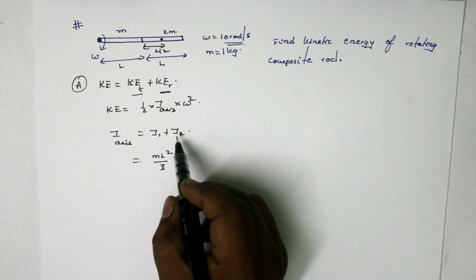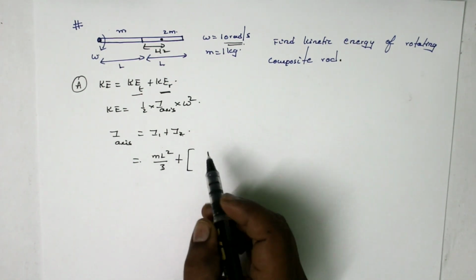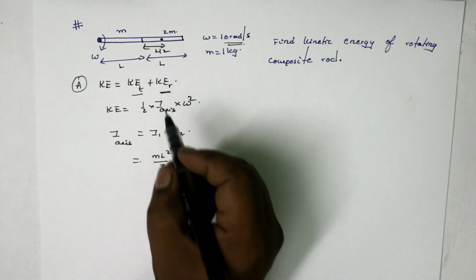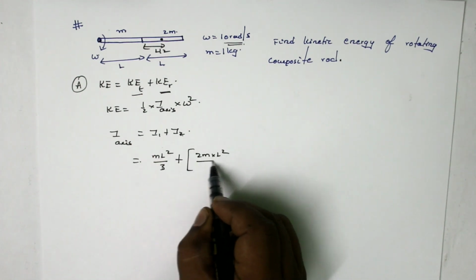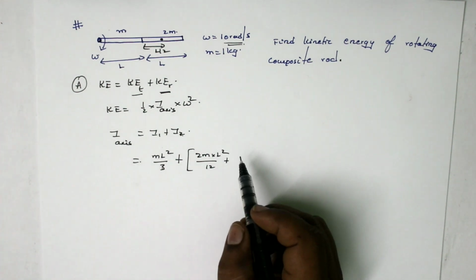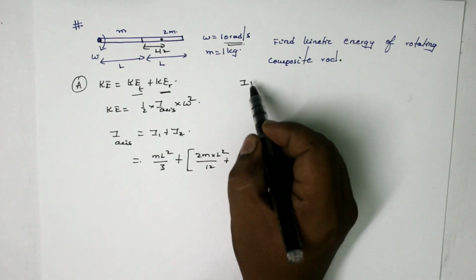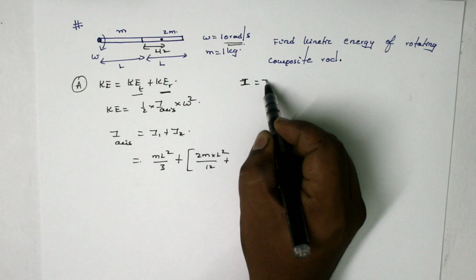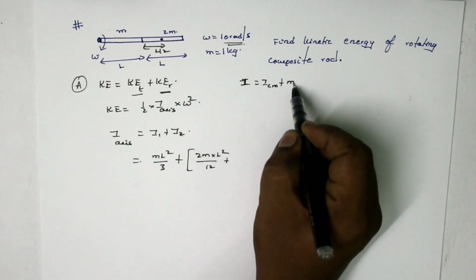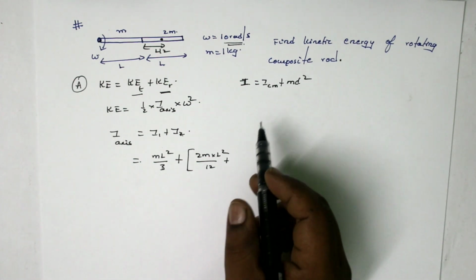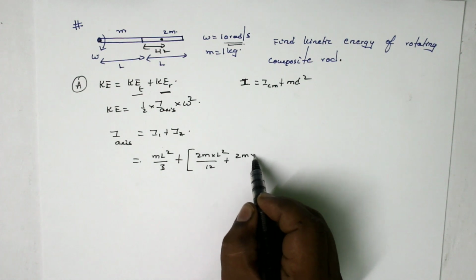Therefore the moment of inertia of the second rod can be written as 2m, because its mass is 2m, 2m L square by 12 plus, as we have already studied in the parallel axis theorem, I equals I center of mass plus md square. So instead of m I will write 2m and d square.